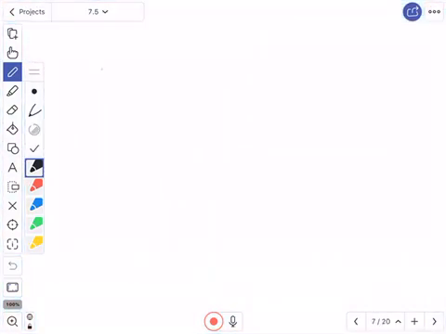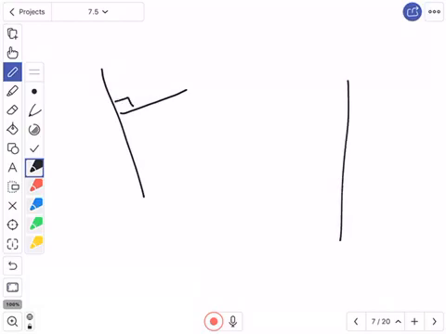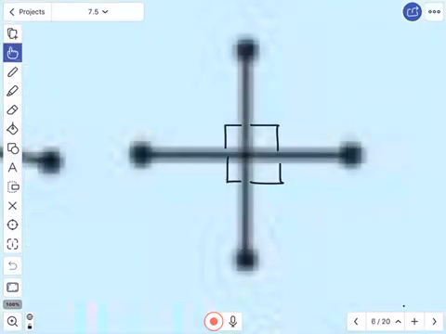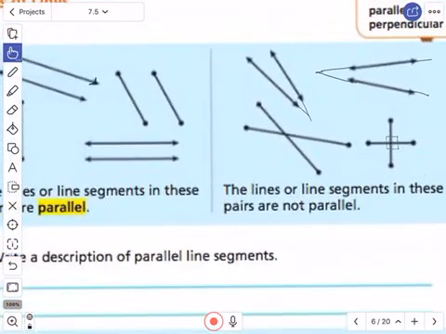So perpendicular lines can look like this, as long as they have that right angle right there. They can look like this. There's a right angle right there, right angle right there. I should go back over there. There's a right angle. So really it can be any of those kinds of lines where you have right angles when they meet. Those are the kinds of lines that we have there.